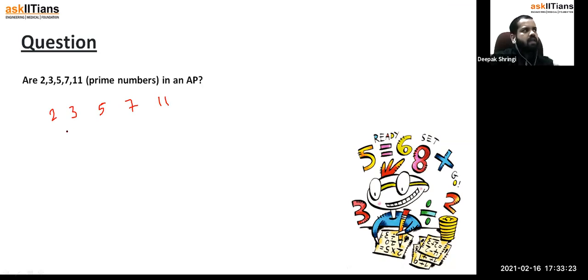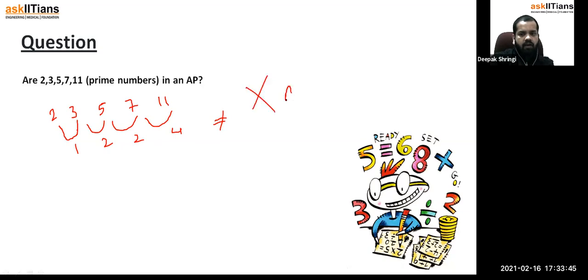Common difference is your next number minus previous number. Here, 3 minus 2 is your 1. 5 minus 3 is 2. 7 minus 5 is your 2. Right? 11 minus 7 is your 4. So your common difference is not the same, hence it is not an AP, right?